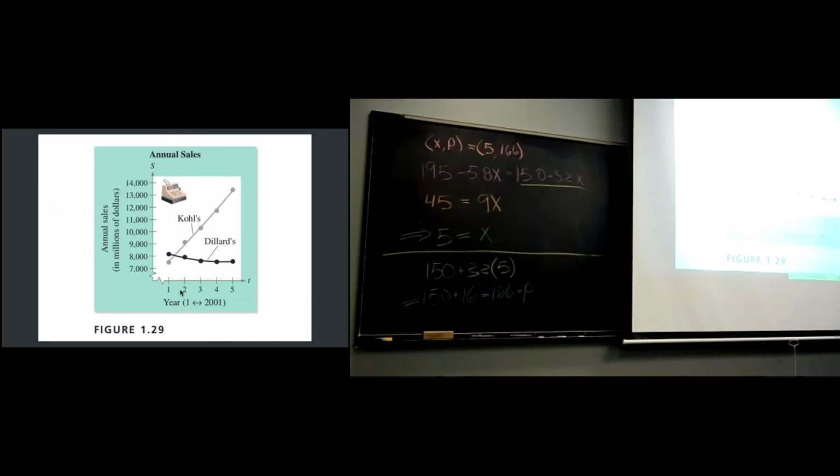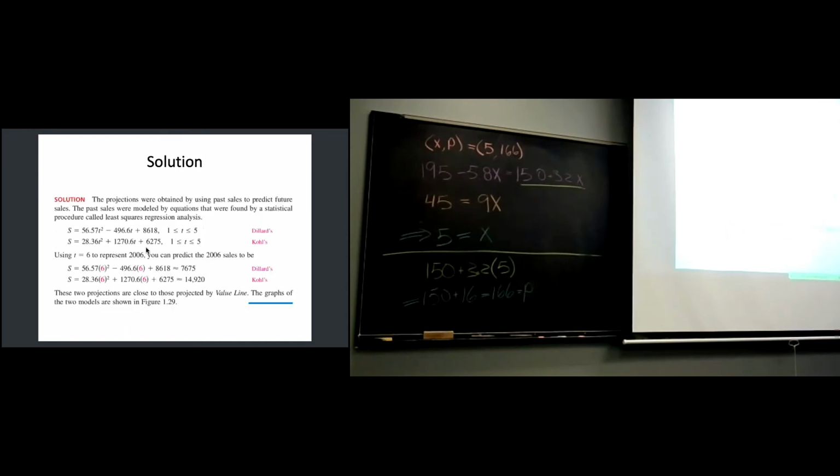So they've got their data, and they're saying, all right, well, Kohl's looks approximately linear. Dillard's looks maybe exponential, maybe a polynomial, but certainly not a line, right? Like it's not just a linear equation.